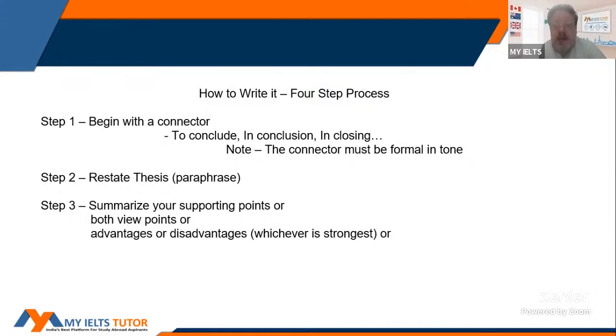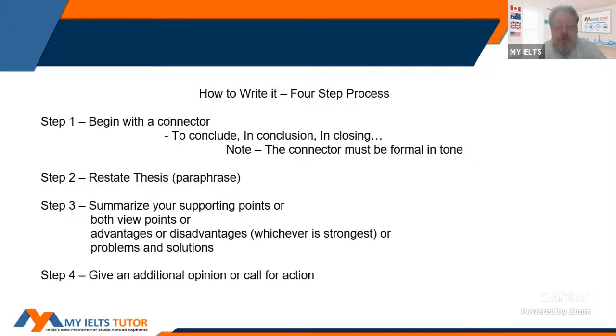So if you feel the advantages outweigh the disadvantages, you want to summarize the advantages. Or you want to summarize the problems and solutions to those problems. Okay. And then step 4, you want to give an additional opinion that's related, that's relevant, or a call for action.